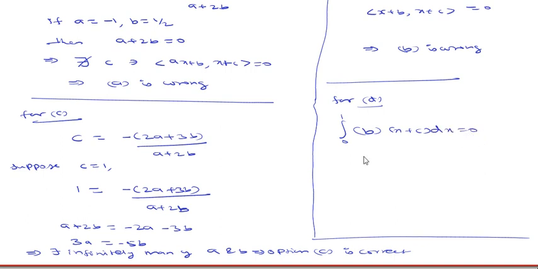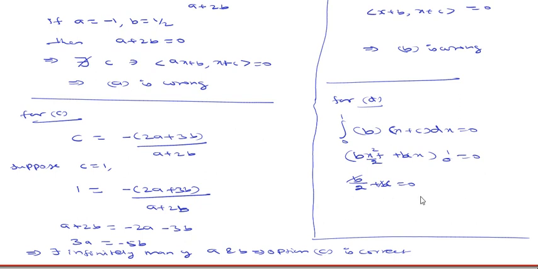dx equal to 0. So integrating, we will get bx square by 2 plus cx, with the limit 0 to 1 equal to 0. So applying the limit, b by 2 plus bc equal to 0. Given that B is a non-zero real number, we can cancel this b, dividing by b on both sides.